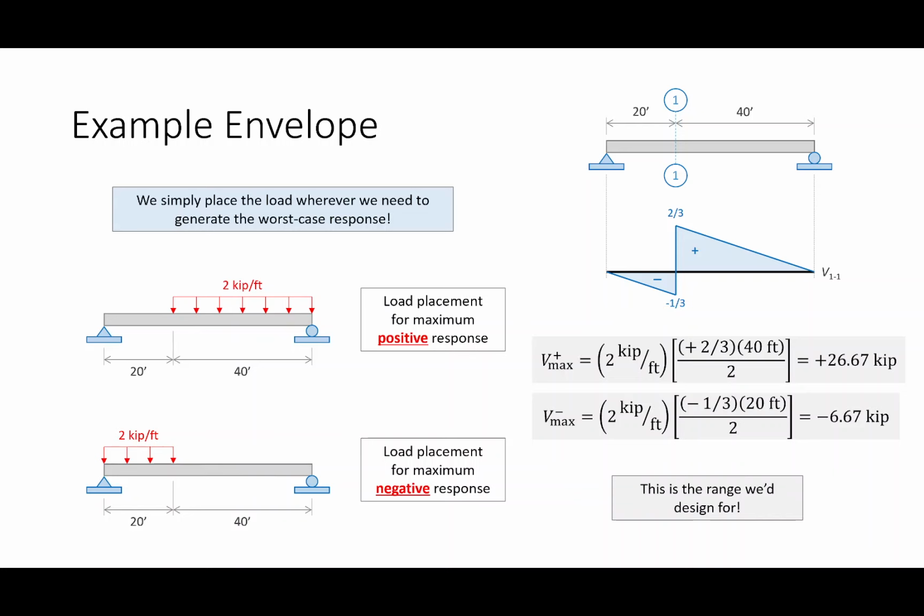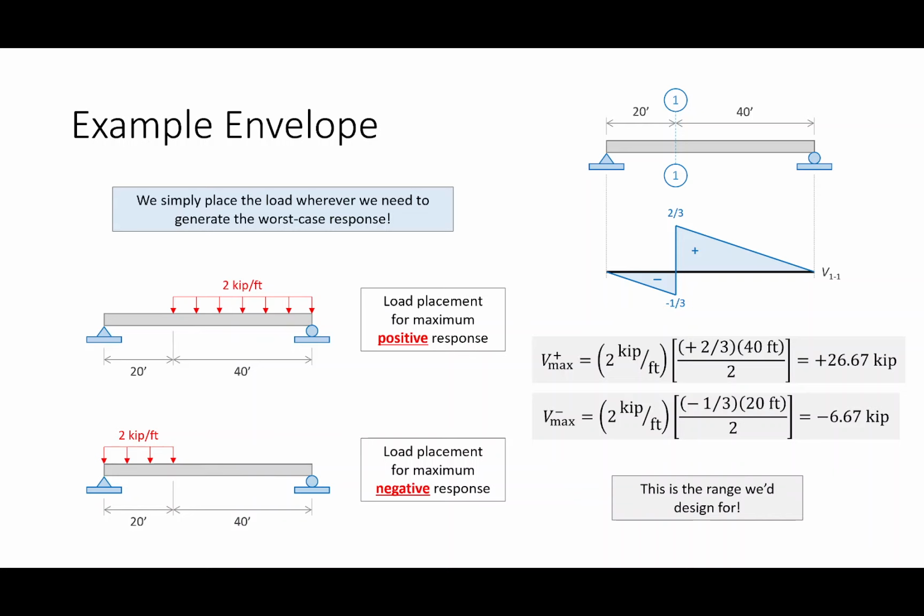Now, before I go to the next slide, let me ask one question. I am assuming that this 2 kip per foot distributed load is transient, that it can go anywhere on the structure that I need it. What if the 2 kips per foot was everywhere and I wasn't allowed to move it?